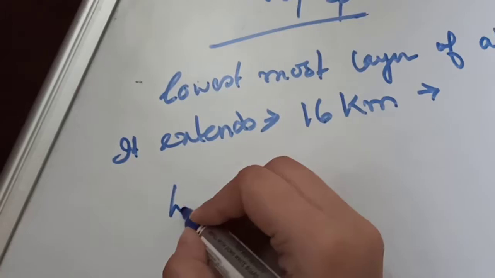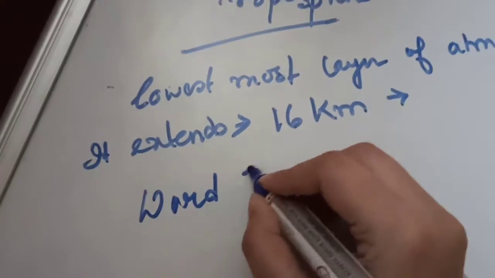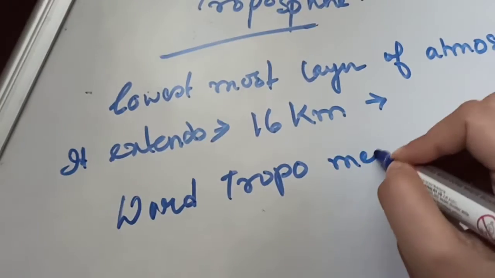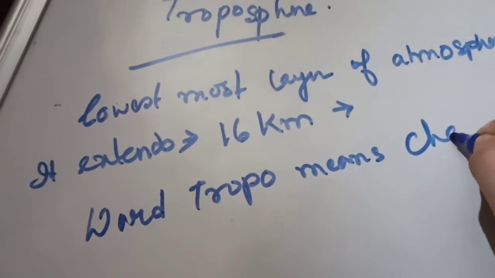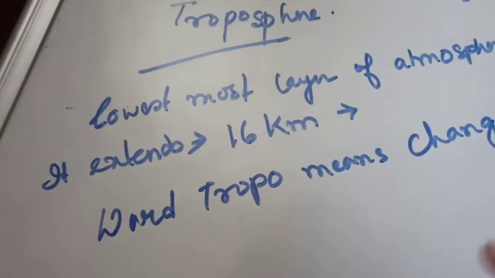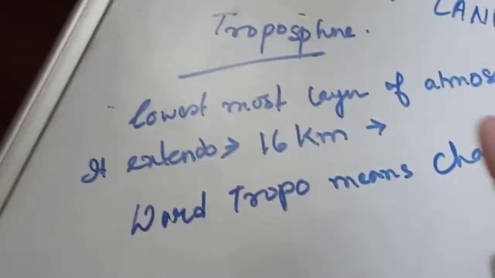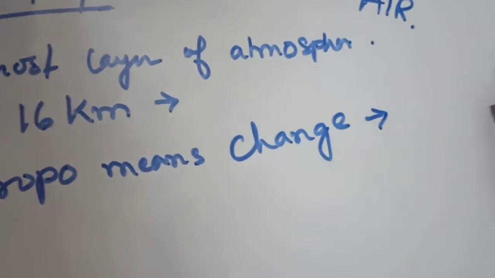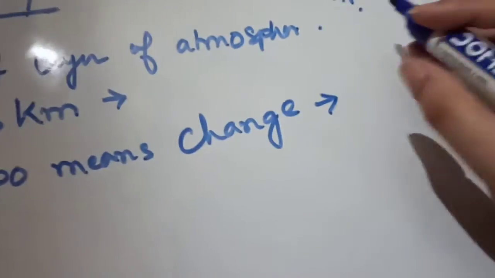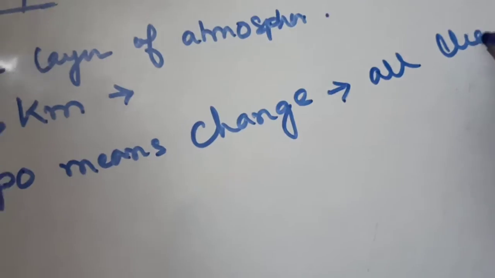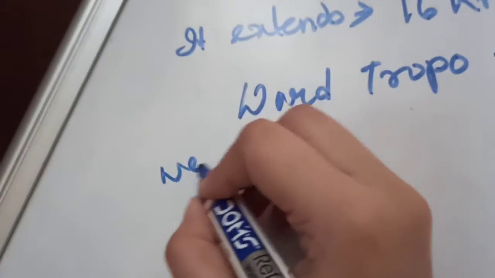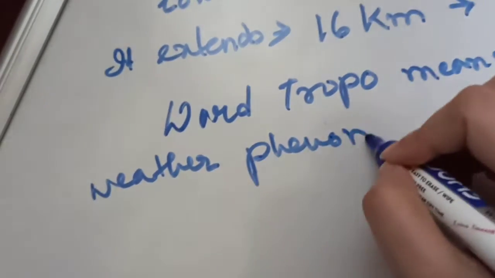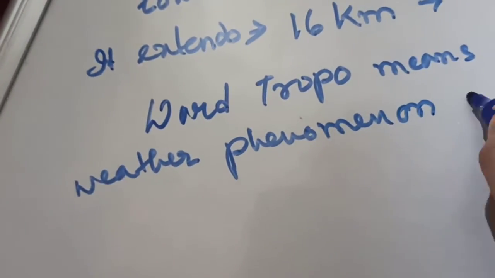The word tropo actually means change. The reason for the name troposphere is that in this particular layer all the weather phenomena and the changes of the weather take place.